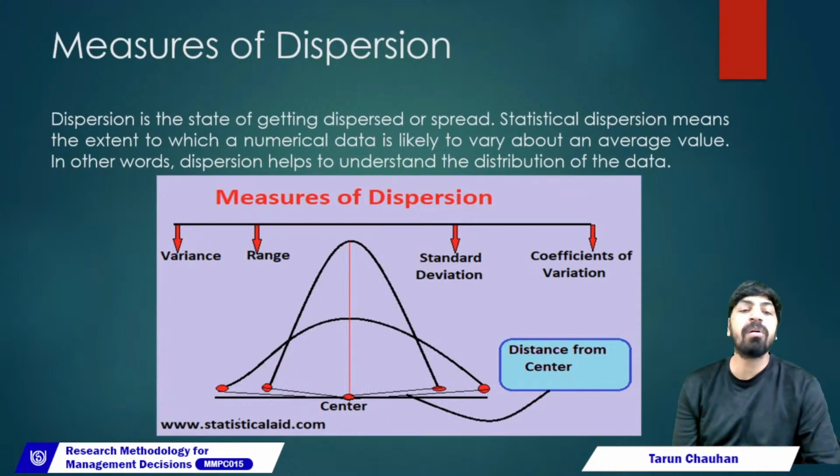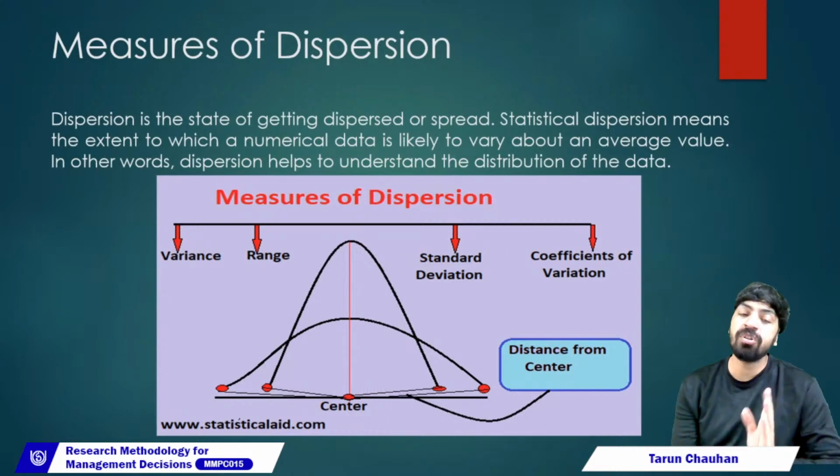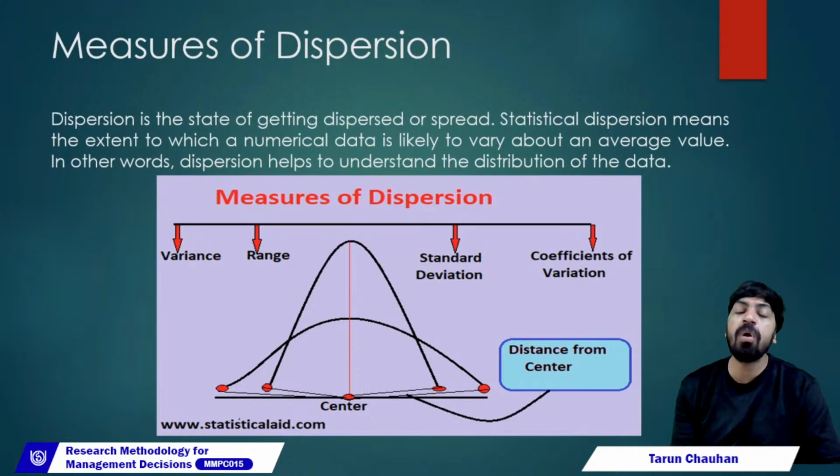So when we talk about the skewed distribution, if you see the inverse V shape, that's called the skewed distribution. The central value of the skewed distribution is called the median.